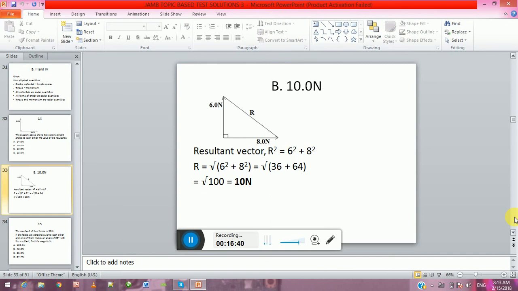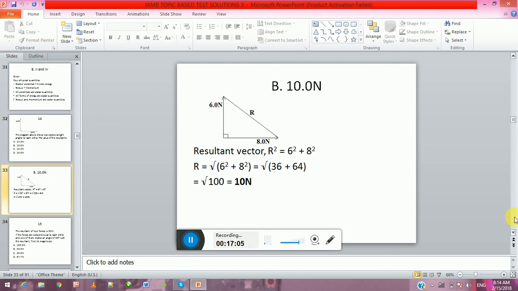Resultant vector R is always equal to the square root of the sum of the squares of the other sides. So you know the other sides are 6 and 8, so you square them, add them up and do the square root, you get 10. So B is the answer.